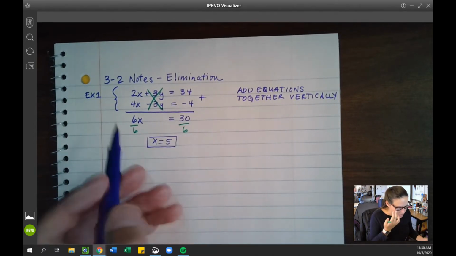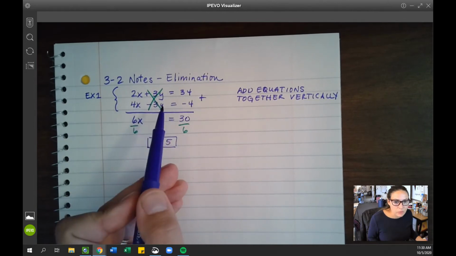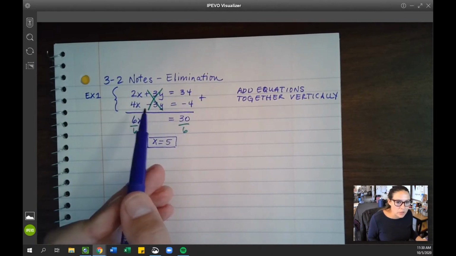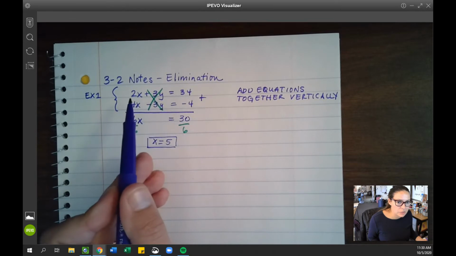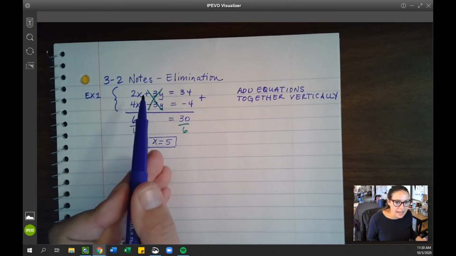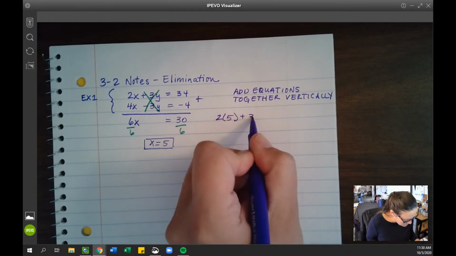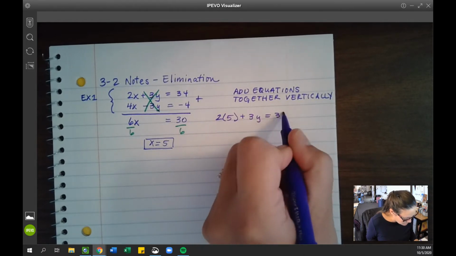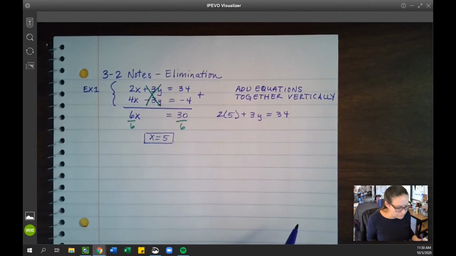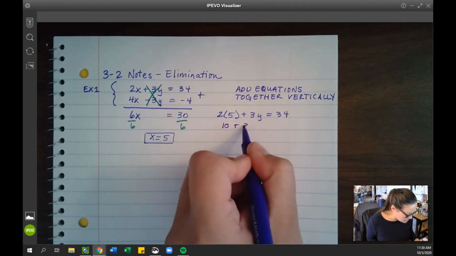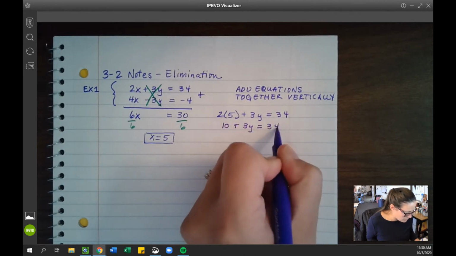I'm not done because I have to figure out what y is. So I go back to one of these original equations. It doesn't matter which one I choose. I'm going to choose the first one. So instead of 2 times x, I'm now going to have 2 times 5 plus 3y equals 34. 10 plus 3y equals 34.